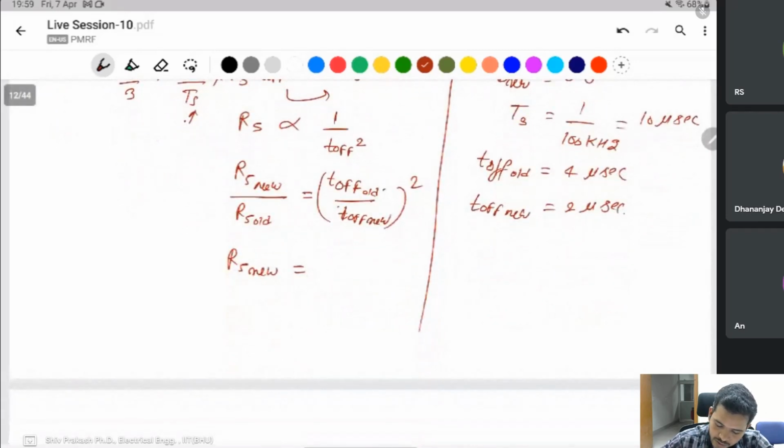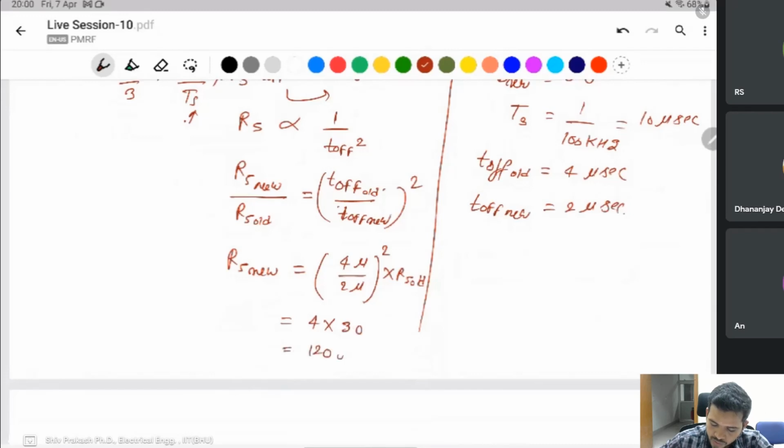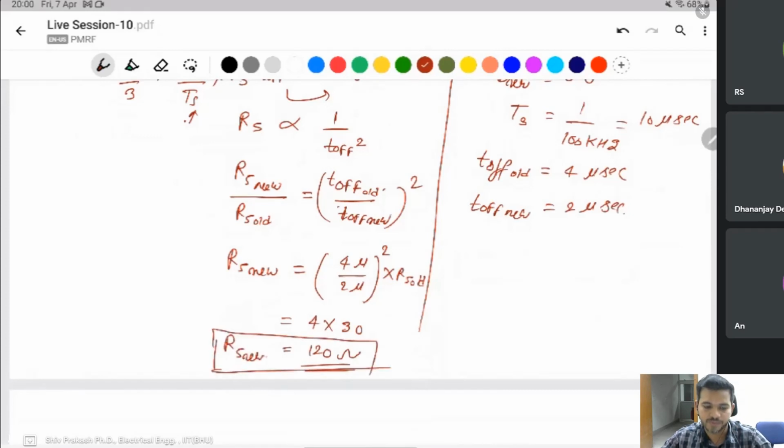Apply this here: T off old 4 microseconds by 2 microseconds, squared, into R5 old. Twice squared means 4, into 30, 120 ohm. You would require a new resistance of 120 ohm.